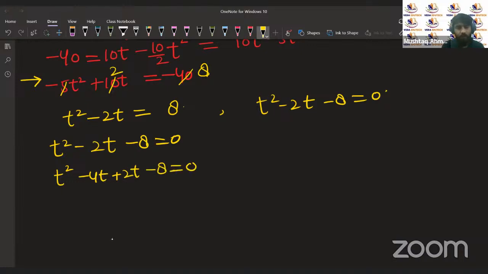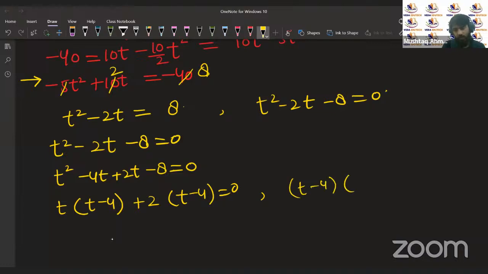We can take t common, so we'll be left with t minus 4. And if we take 2 common, we'll be left with t minus 4. That's equal to 0. So it means that t minus 4 and t plus 2 will be the two factors of this equation. Or we can say that t is equal to 4, minus 2.